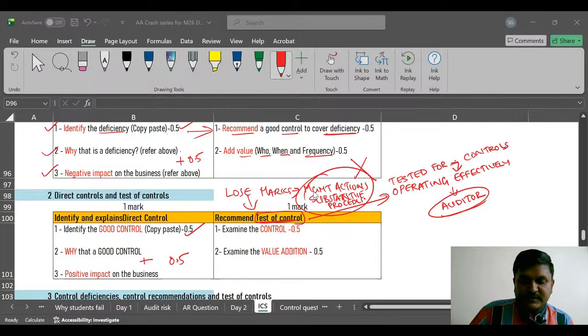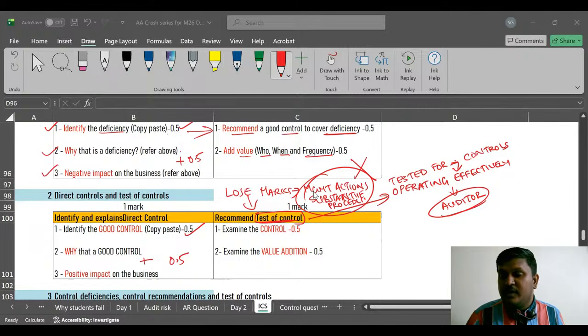Right. Now, let's get into the third kind of question, which will have more marks, a minimum of 18 marks that you can get from the next kind of question the examiner will ask.